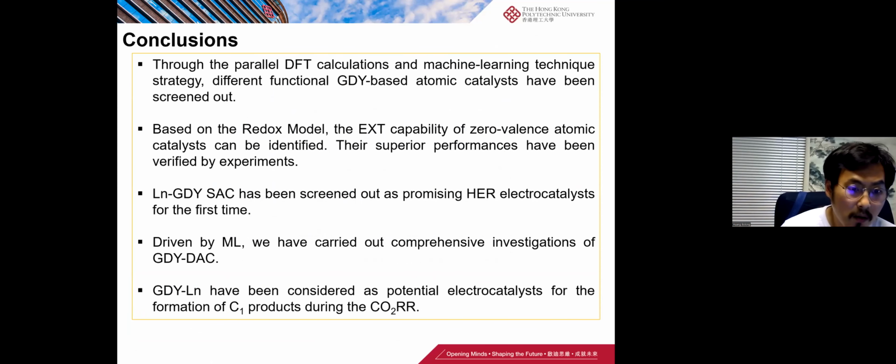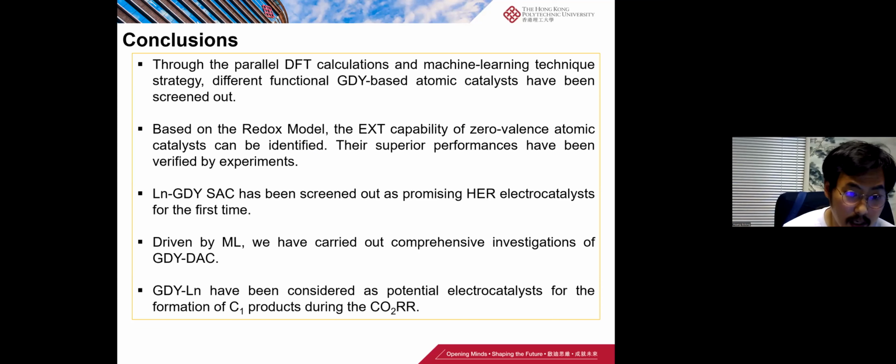In the end, we will conclude our recent works on atomic catalysts, homogeneous and also heterogeneous. For the heterogeneous system of GDY-based atomic catalysts, we have proposed a novel redox model and machine learning techniques to screen out the efficient zero-valence atomic catalysts for different applications. Also, for the GDY dual atomic catalysts, the introduction of lanthanide-transition metal combinations is significant for both electroactivity and stability.